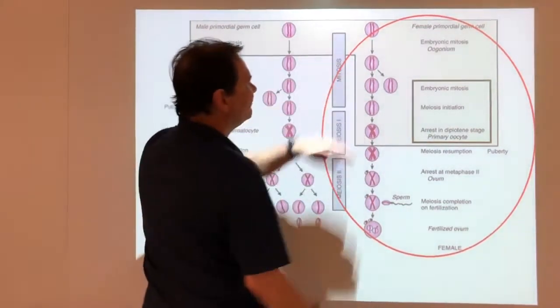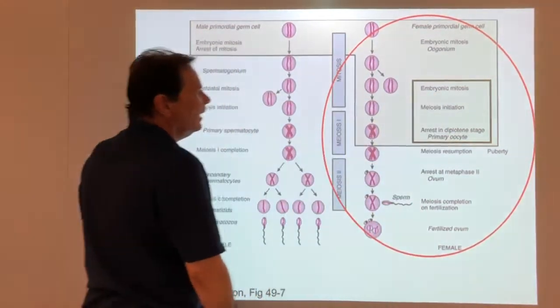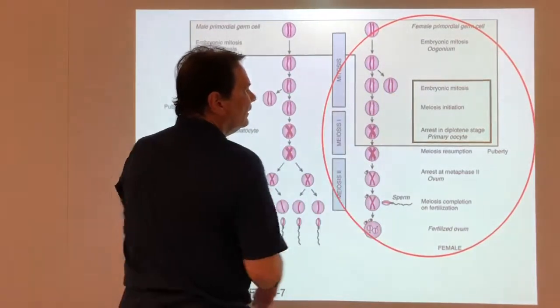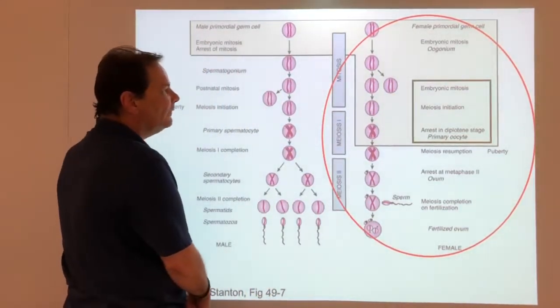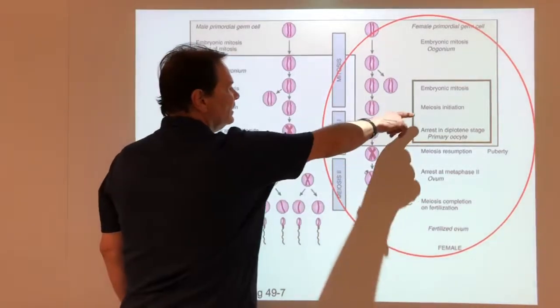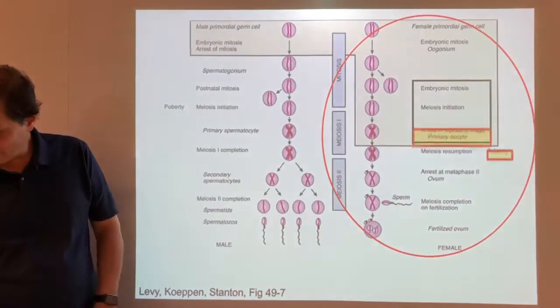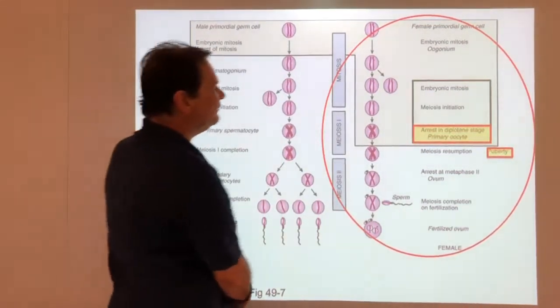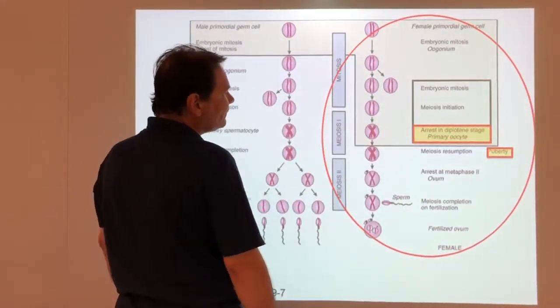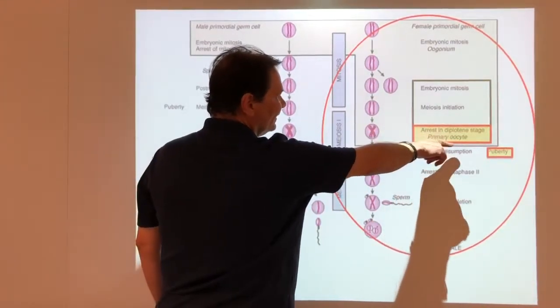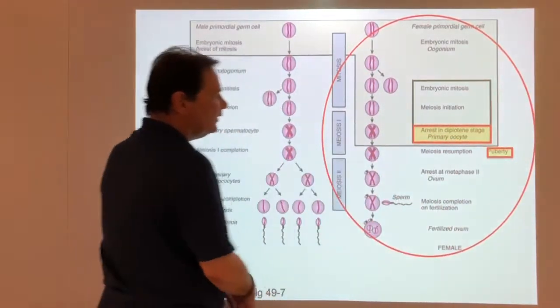It is different from the male in this case, in that the process doesn't technically cease completely in the male. Again, we have this phase of mitosis going on. It certainly takes place in the embryo, and we get initiation of meiosis. And this first meiotic division is arrested at the diplotene stage, pre-puberty.